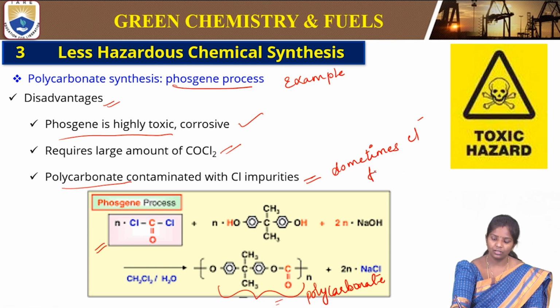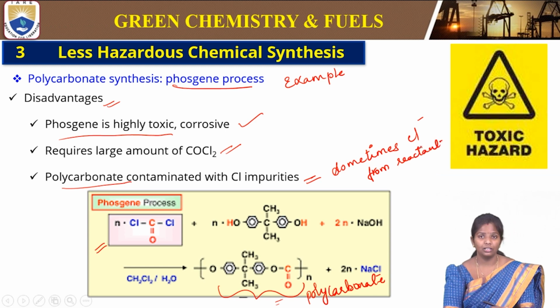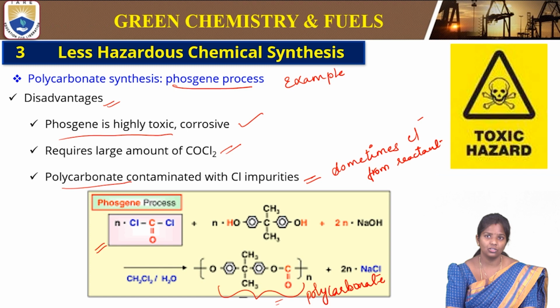So these are the major disadvantages of using hazardous substances. Phosgene is highly toxic for use in any process.